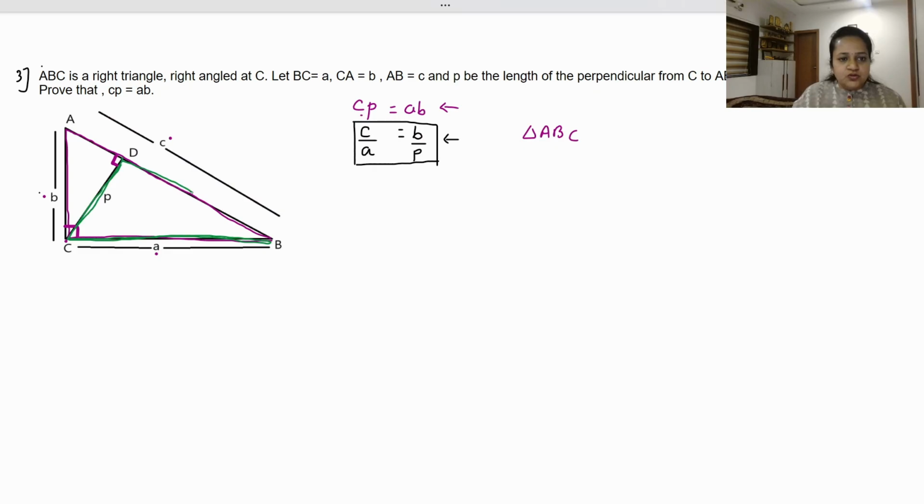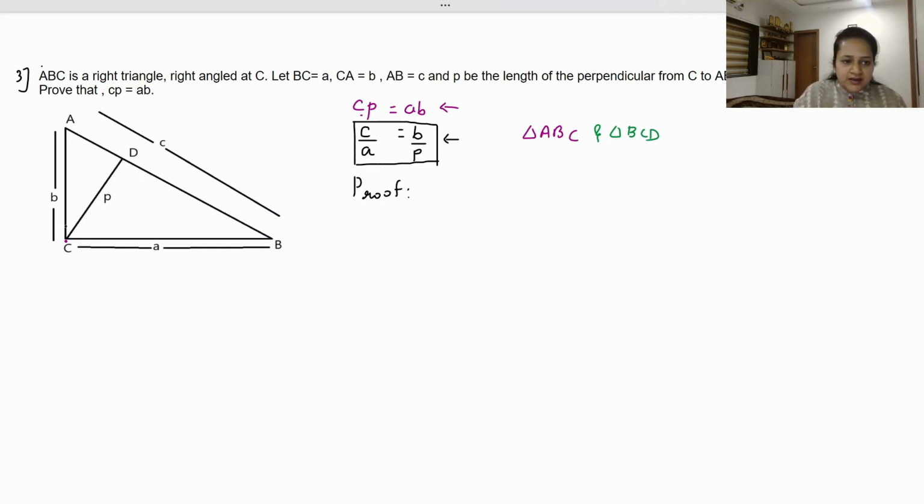If I complete this, I'm going to get triangle BCD. So we have to prove that triangle ABC is similar to triangle BCD. We are just talking about triangles. We haven't taken their sides in proportion. I hope this is understood, how we managed to understand which two triangles are to be taken to prove that they are similar. This is our understanding of the question, and then we start with the proof.